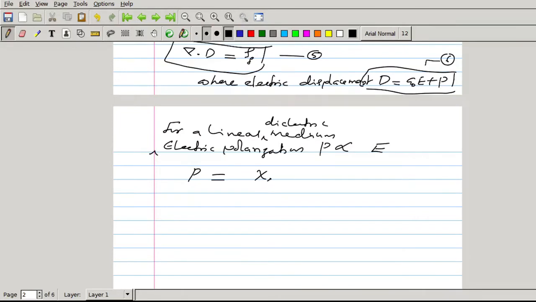That constant I am taking as chi E, so P is chi E into E, where chi E is called electric susceptibility.